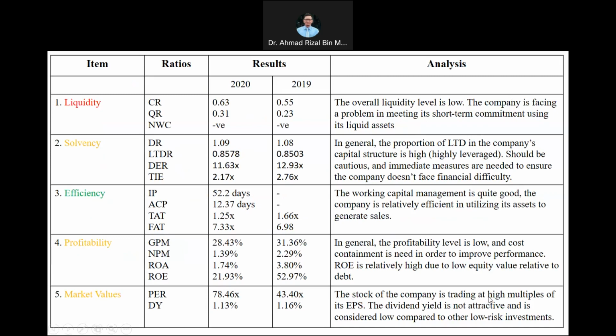So to us, it is trading at high multiples and considered expensive. The dividend yield is not attractive, and is considered low compared to other low risk investments. So those are the overall analysis that we can make for this company after calculating all the relevant ratios.